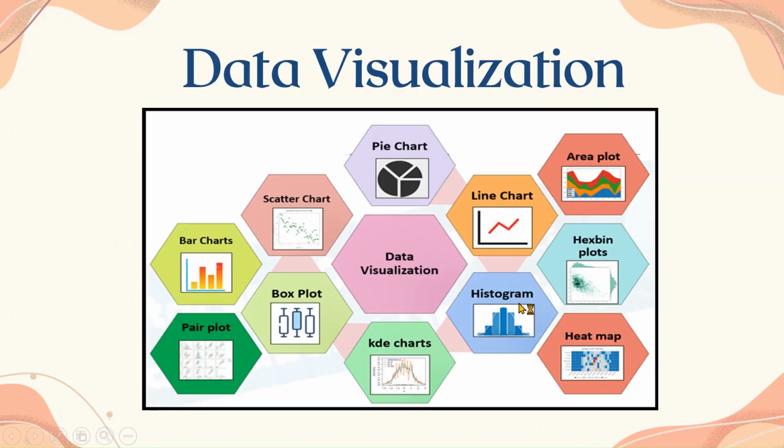Now these are a few graphs used for data visualization. We can work with pie charts, line charts, area plots, hexbin plots, heat map, histogram, KDE charts, box plot, bar charts, pair plot, scatter plot. These are only a few. You can see images representing every graph, so that we can understand the particular graph carefully, and for every graph we can put some labeling and legends.